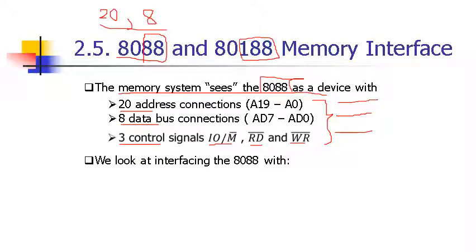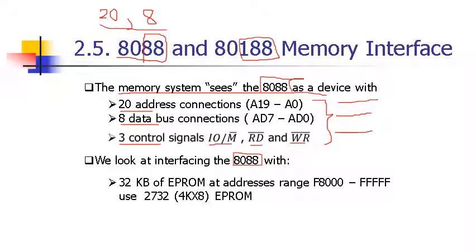So now we need to design a system which uses the microprocessor 8088 and is connected to 32 kbytes of EEPROM using this specific range of addresses. And we use this specific memory chip, an EEPROM, a 27 series.